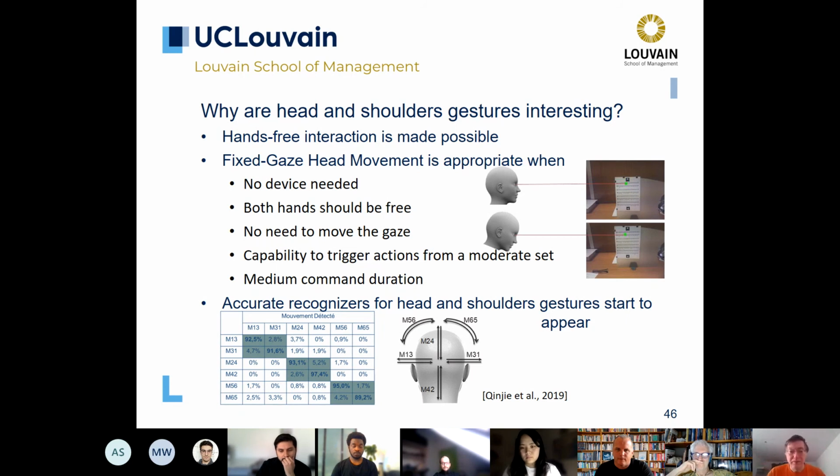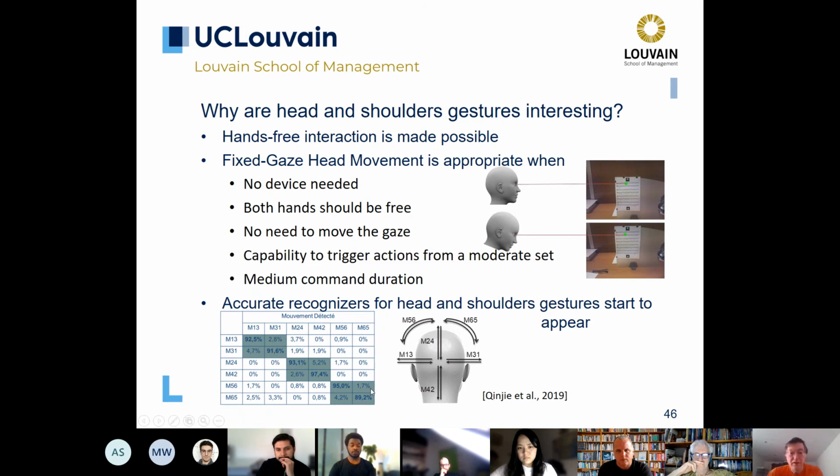So what she did in this paper is that she used head and shoulders in order to manipulate, to move the music partition displayed on a tablet. So she used basically, as you can see here, 6 gestures with the 2 directions, like left, right, bottom, top to bottom.